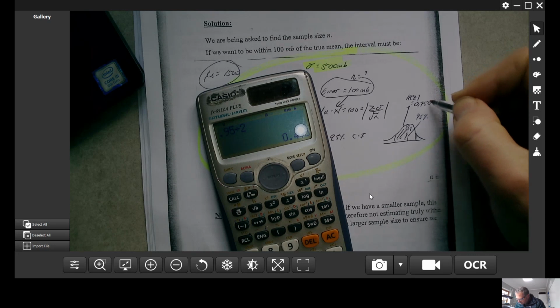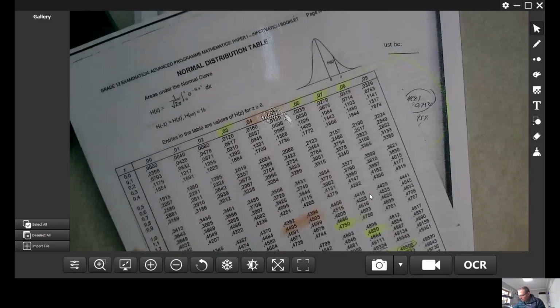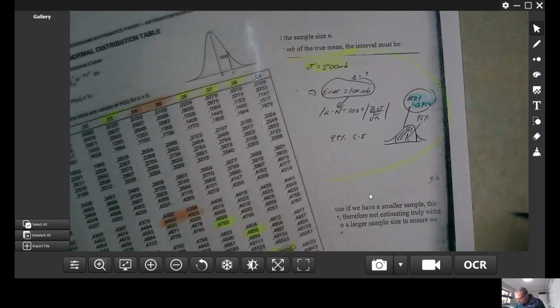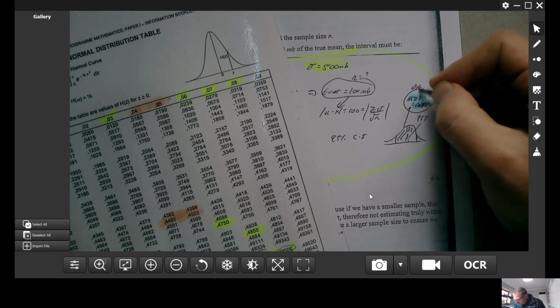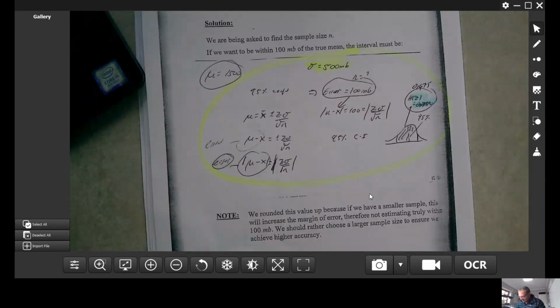I'm looking for an area of 0.475, and that's the one that gives us a nice number, if you remember. I'll go find 0.475, and 0.475 is a z score of 1.96.